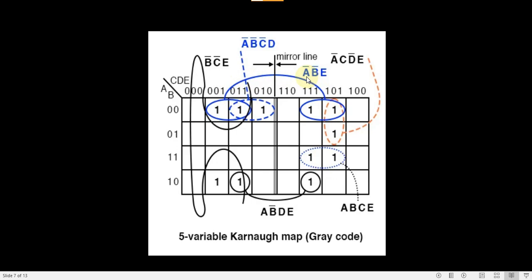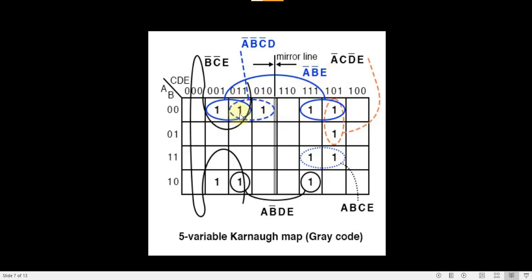That comes out to be A bar, B bar, and E. And these dotted lines: since it's a 5 variable map, if you group 4, you will get 3 variables, whereas in the 4 variable map, if you group 4, you get two variables. If you are grouping 8, you will get 2 variables. So we are grouping 4, so we are getting 3 variables here.